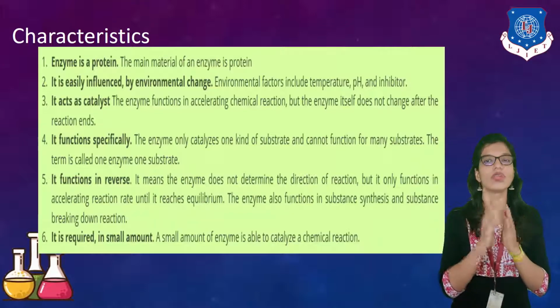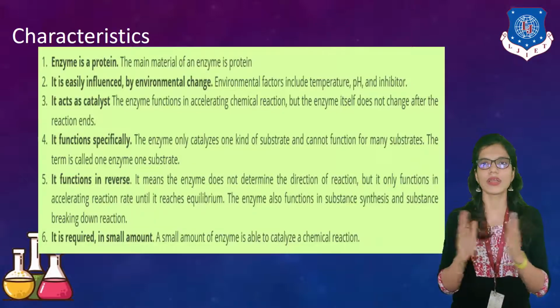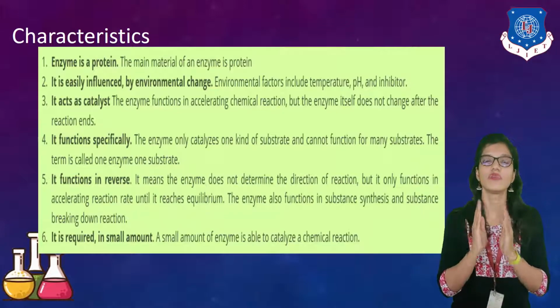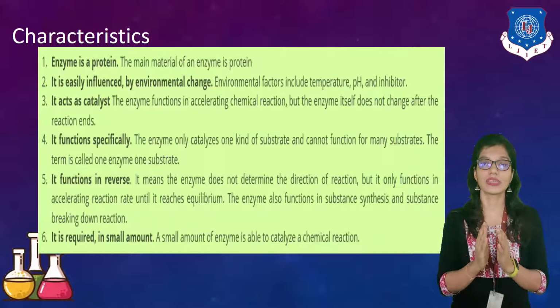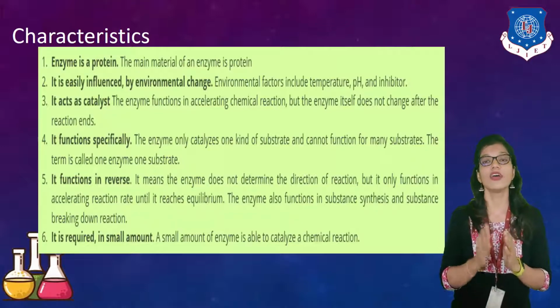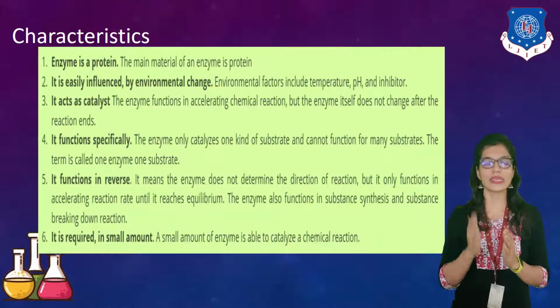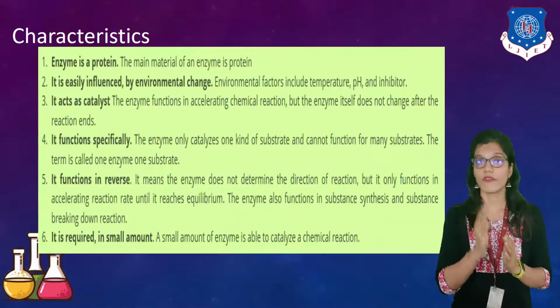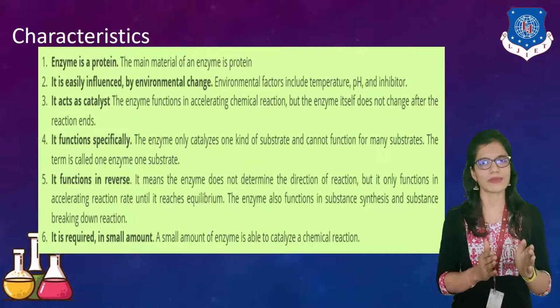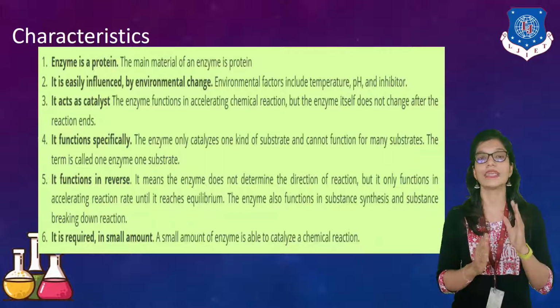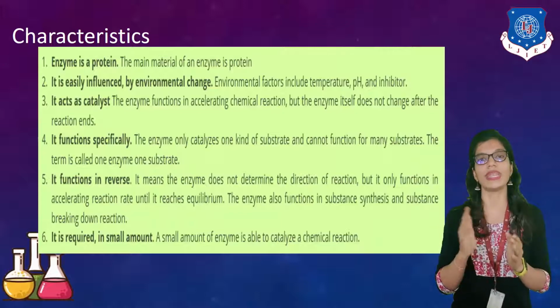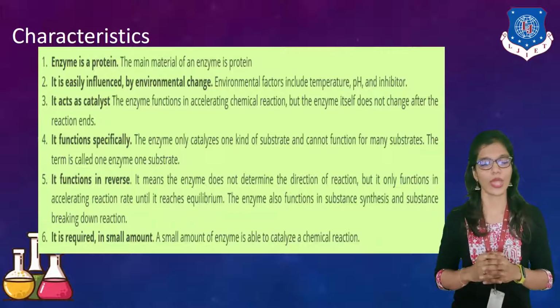For one substrate, only one enzyme will work and none other than that will work for it. This is the thing that you need to understand: for production of acetic acid, certain enzymes will be used. For production of ethanol, certain enzymes will be used. It is not like you can use any enzyme for any kind of reaction. It is very specific.